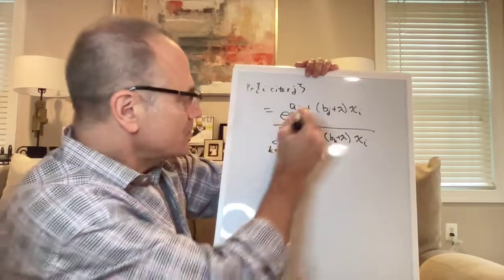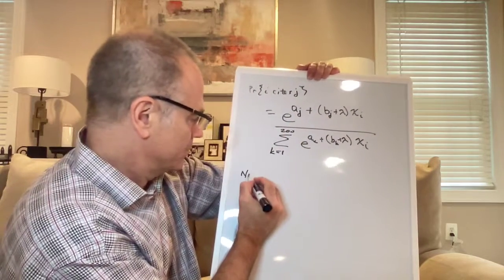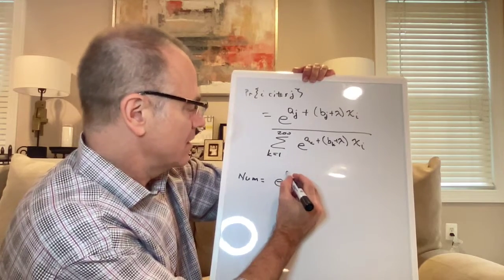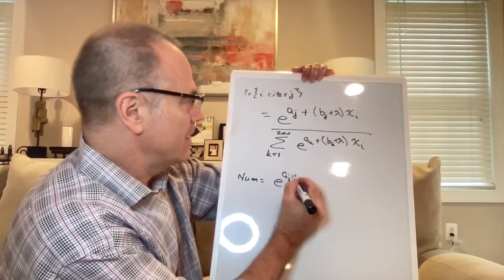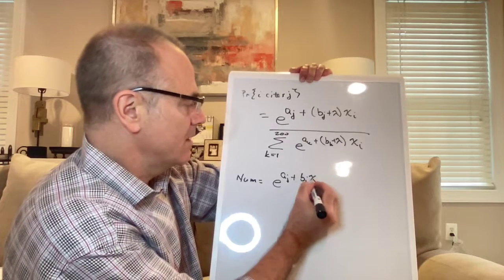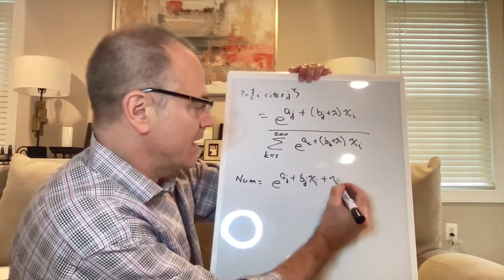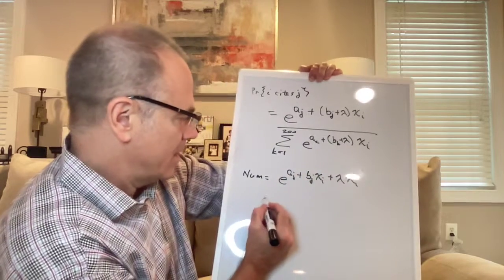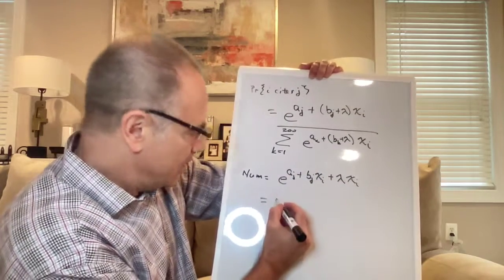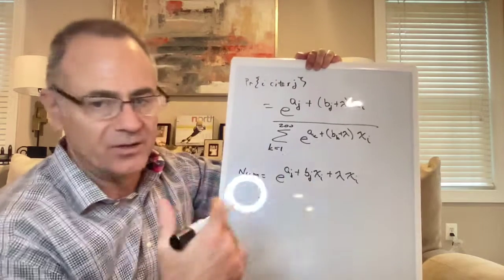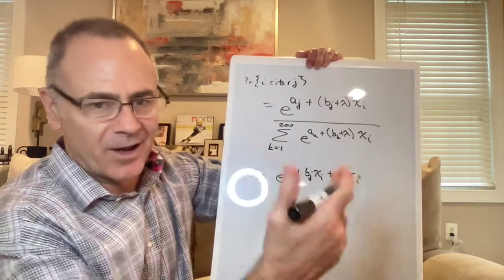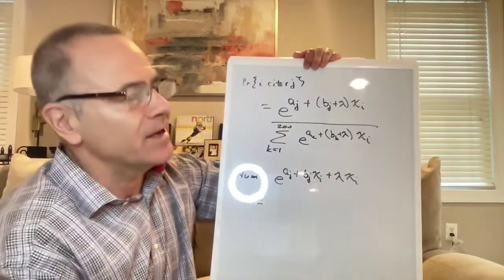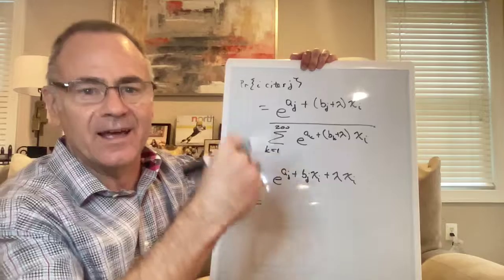Okay. The numerator equals e to the a sub j plus b sub j xi plus lambda xi. Okay, and that equals, okay, we're going to use that same trick from our 9th grade math. E to the x plus y equals e to the x times e to the y.